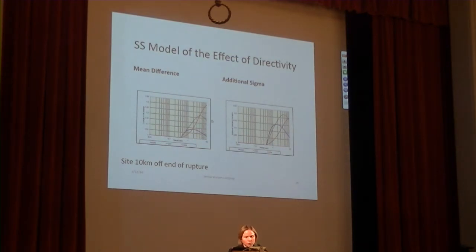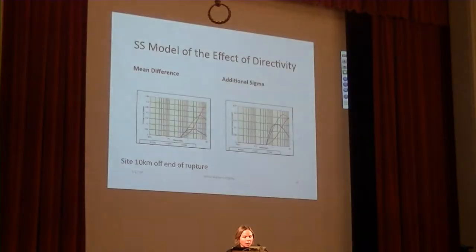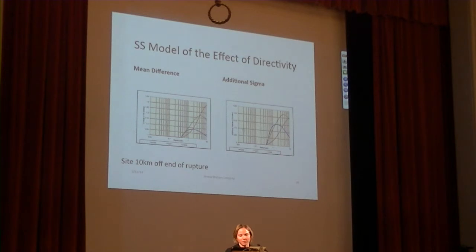The blue is for a magnitude 6, the green is for a magnitude 7, and the red is for a magnitude 8. And this has a scale from 1 up to 1.35. It's not log scale. I'm very sorry for those who wanted log scale.